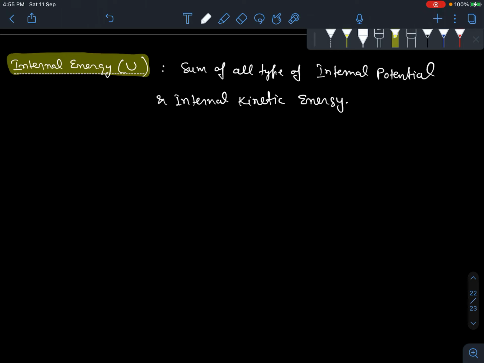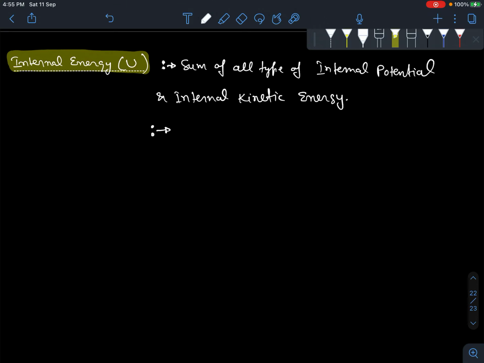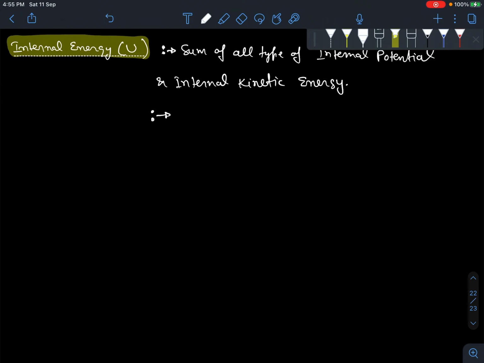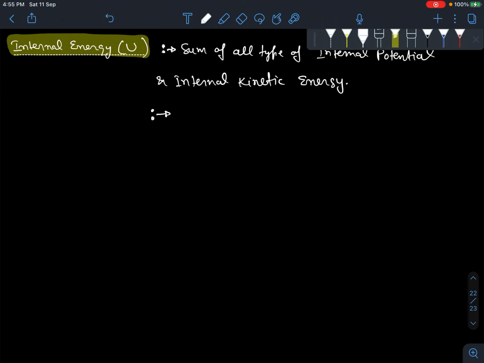Next thing, very very important about it: can we calculate the absolute value? You can think by yourself, can you calculate the kinetic energy of an electron, which is part of the molecule, which is part of the atom? You can't calculate, right? Because for the hydrogen atom we do have one formula, but that is also not valid.